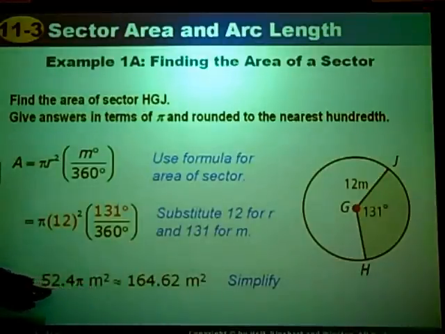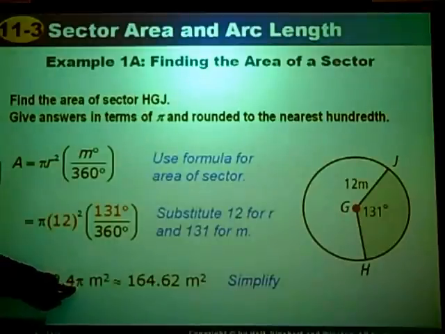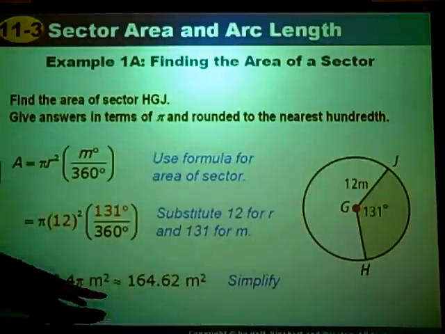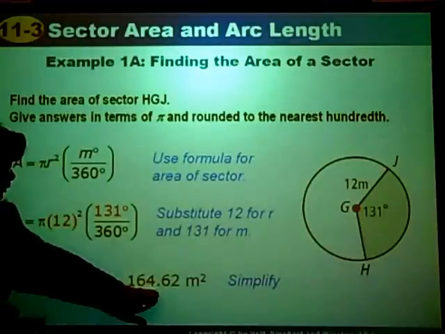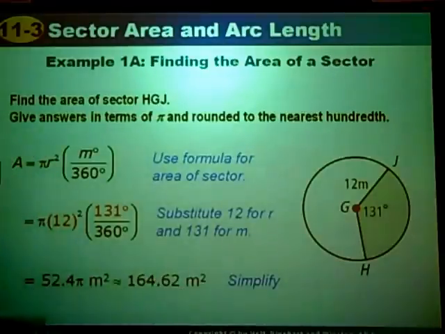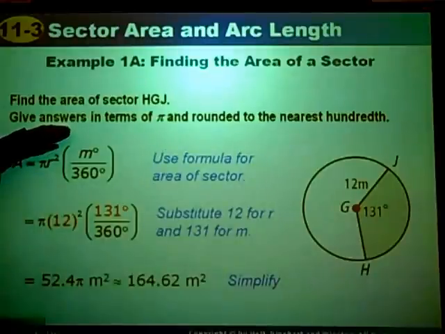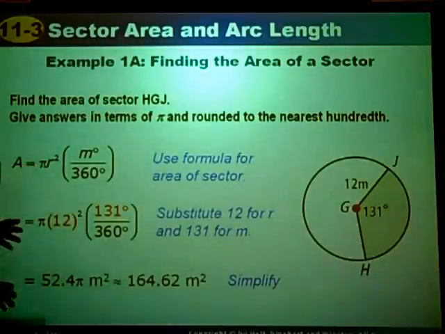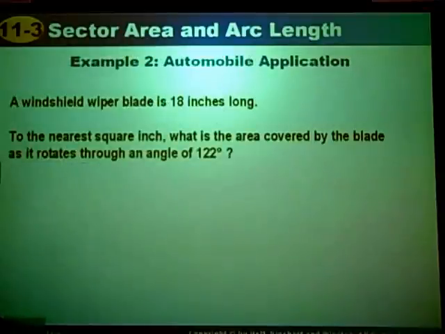So I take 52.4 times pi, and it'll be a little more than 3 times that, because pi is a little more than 3. I'll get 164.62 square meters when I round it to the hundredths. Now this is an exact answer, and this is an approximation. Both are good. What you want to do is look at your directions to see which the book or I am asking for.